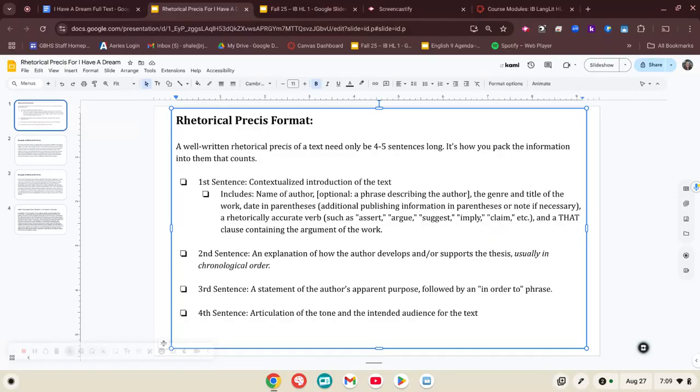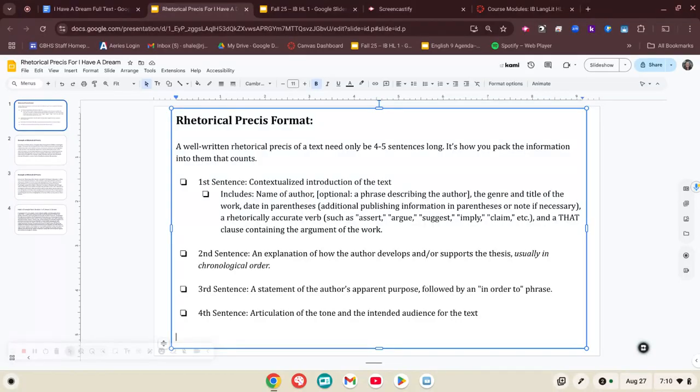The first sentence or section of your rhetorical précis is a contextualized introduction of the text. So it has to include the name of the author, the genre and the title of the work, its date of publication. Sometimes people also add additional information about the speaker or the text or the publication.